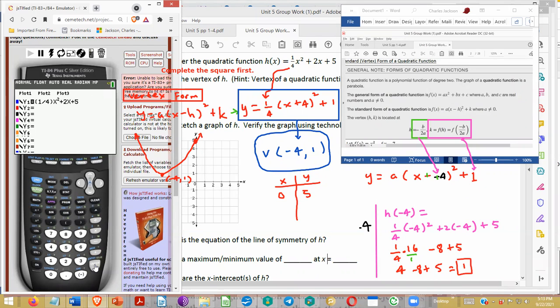And then I'll put what we believe is the vertex form. One-fourth times the square of x plus 4, plus 1. This will verify our graph.